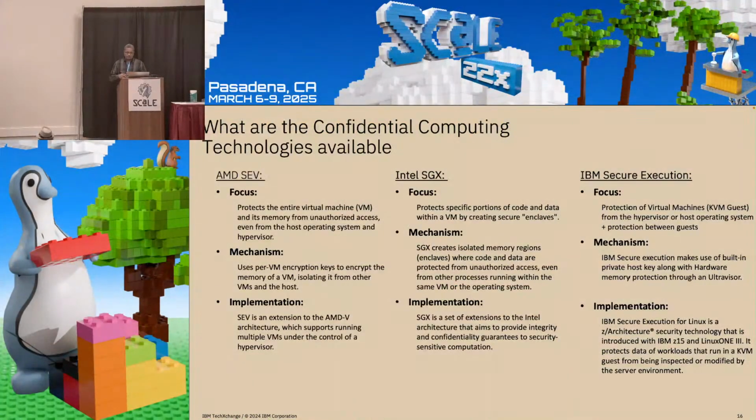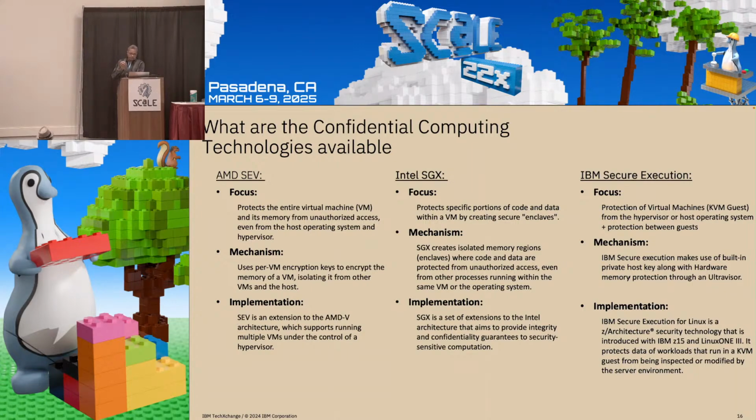If you look at the different technologies we already have in the market, from the AMD point of view, we have heard about the AMD SEV capability, which protects the entire virtual machine itself. The entire virtual machine where the computation is happening is protected.